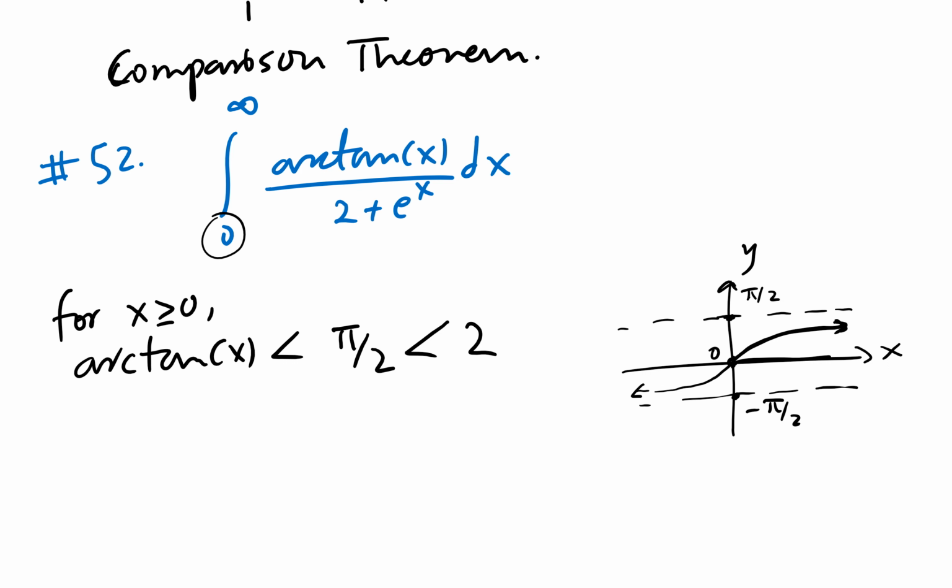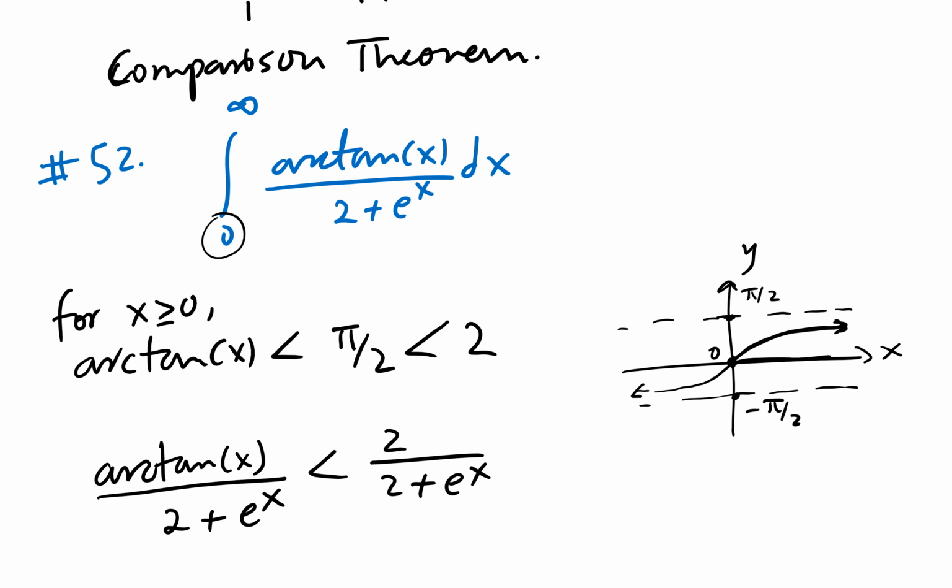Then I'm going to divide both sides by 2 plus e to the x. Now the one on the right side may be difficult to integrate.